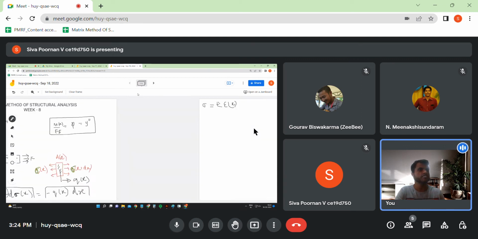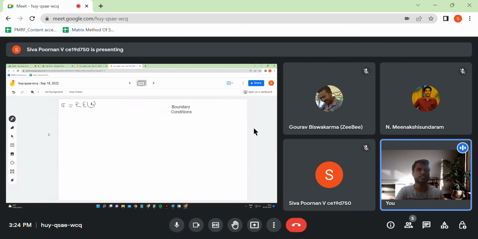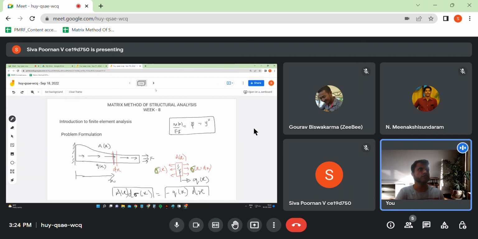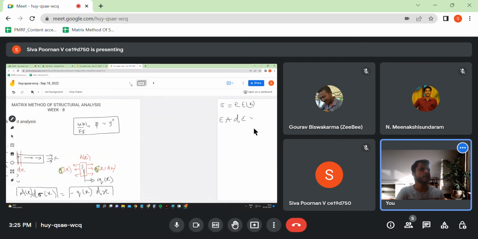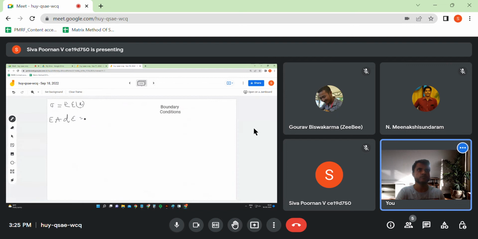So when we substitute that, what we get here is A of x, I'll skip the x here because it's understood, A into d, E I will take outside because it's a constant, it's not going to vary with x. D of strain is equal to, sorry, minus q into dx.